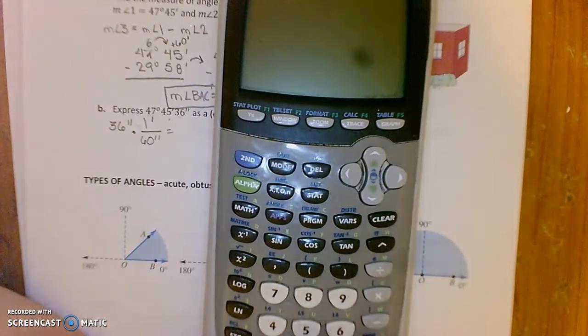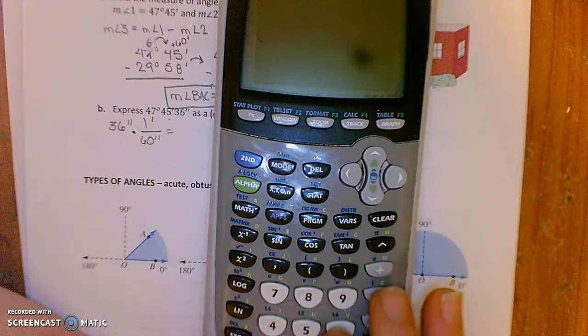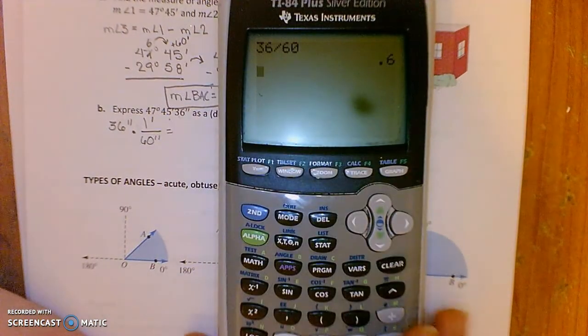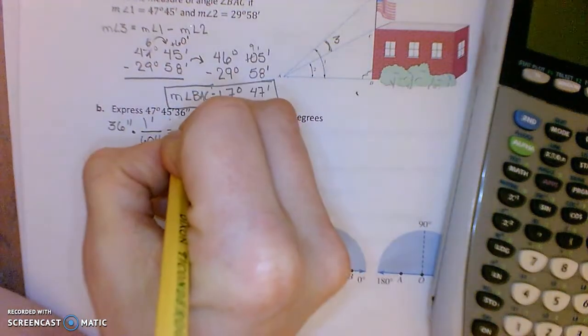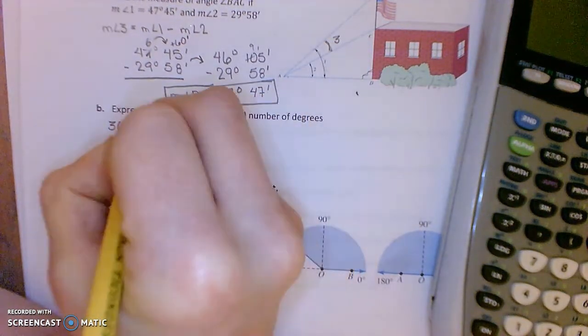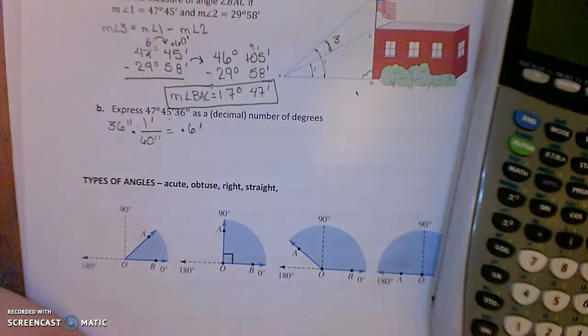So 36 divided by 60 gives me 0.6. So it gives me 0.6, and now I'm left with minutes.